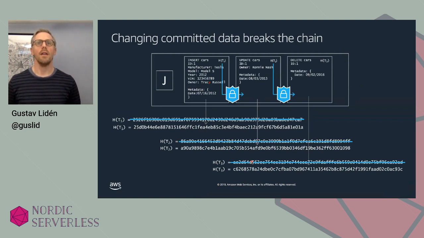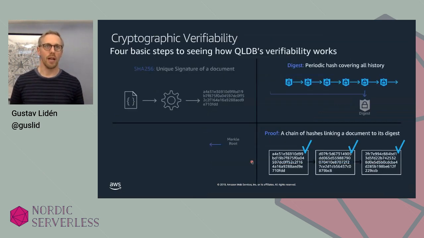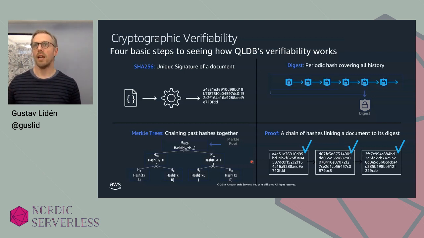Now, there are additional aspects to this, because you can't really do this for all of the changes of the database. So in practice, this is done a bit differently. You create the hashes, you create the digest, you export the digest, and as long as you regularly export the digest and make that available to whoever wants to verify the integrity of the data, you create a tree of hashes for all of the entries in the log.